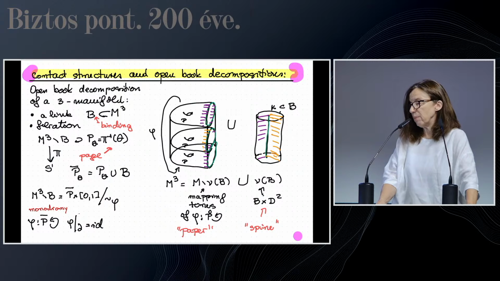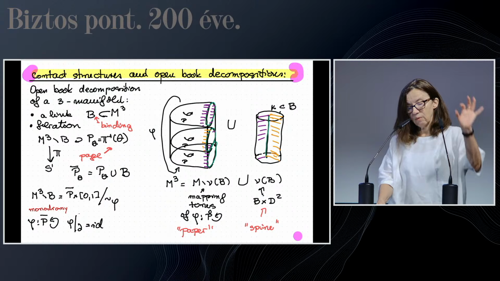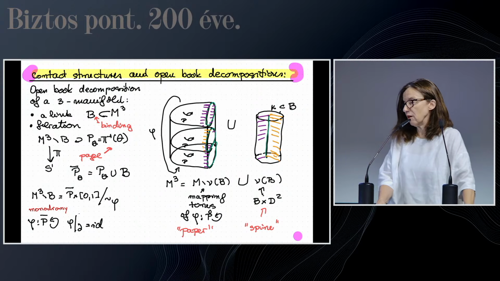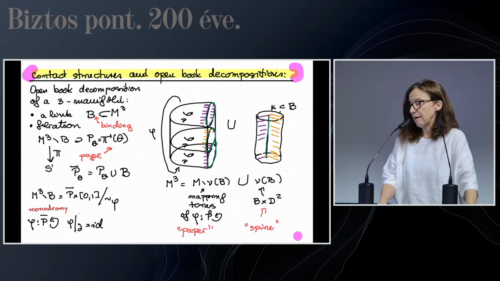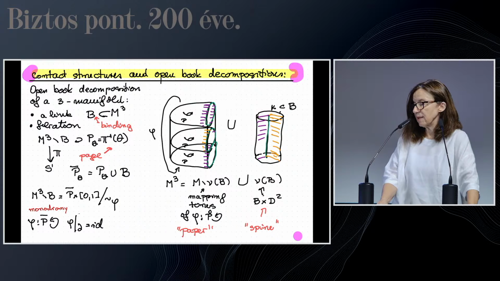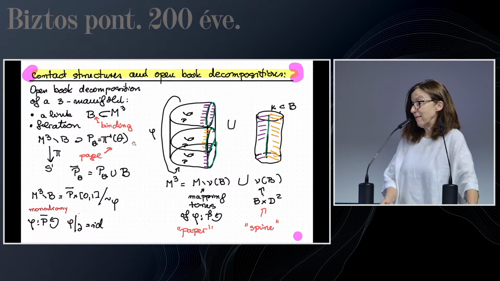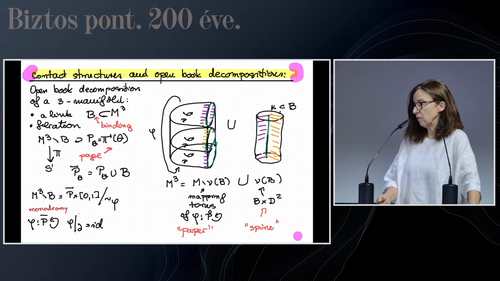If we close the page and squeeze the boundary down to a point, we get our manifold M. We can also think of this as M3 being divided into two pieces. The complement of the neighborhood of the binding, which is a mapping torus, which is often called the paper of the open book. And then there is the neighborhood of the binding, which is the spine of the open book.